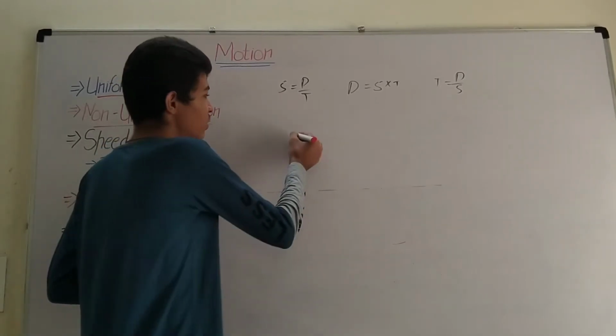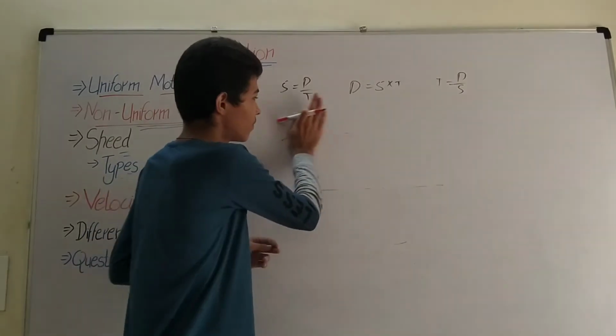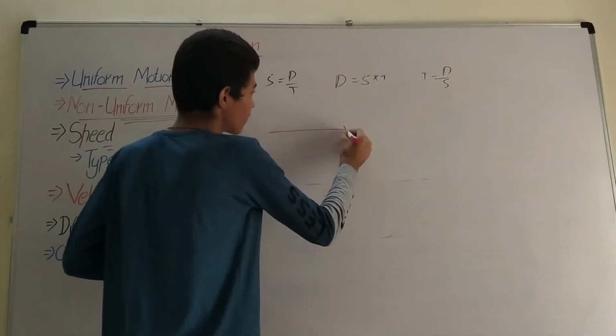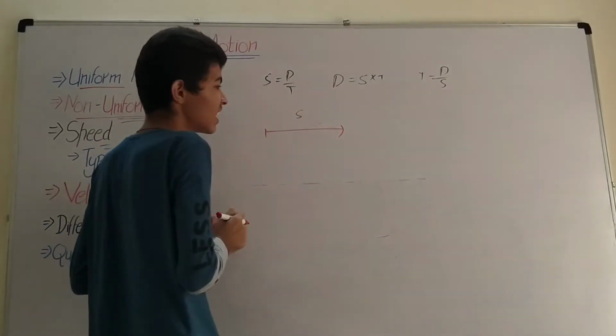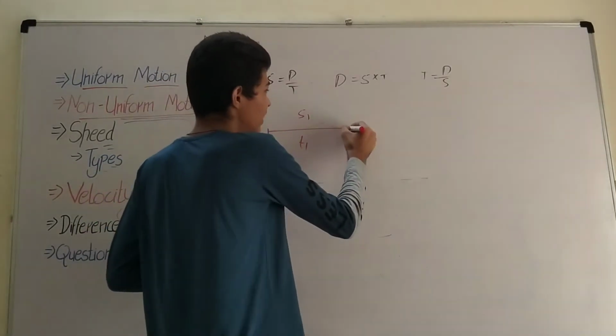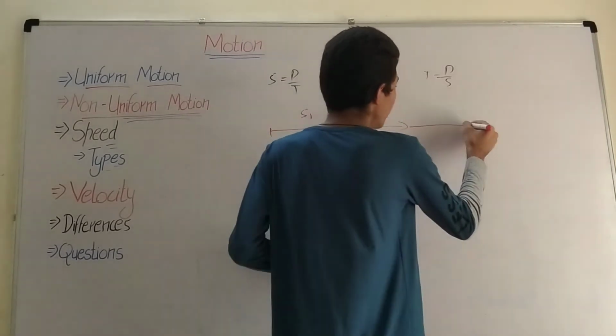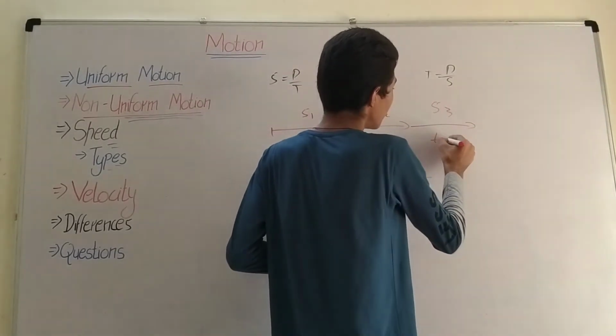So in case 2, what happens if a body is covering s1 distance in t1 of time, then s2 distance in t2 of time, and s3 distance in t3 of time?